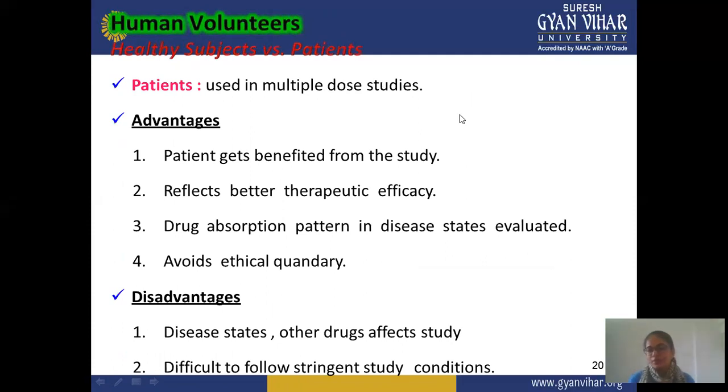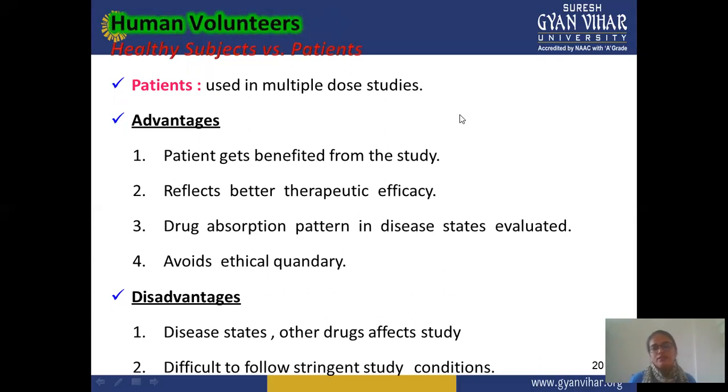Means if you take patients in this condition, the patient also has a benefit, to overcome or maybe recover from that particular disease. Also, therapeutic efficacy is better observed because you apply it directly on the patient. The absorption pattern in the disease state is also evaluated in a good and proper way, and ethical problems are also avoided.